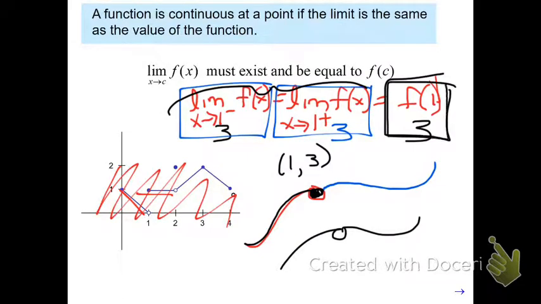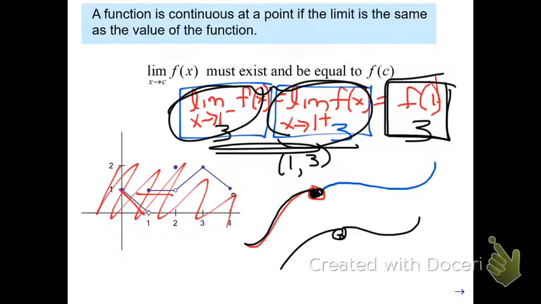This means there's also a solid point at that hole. Okay? There's a three-part definition. Left-hand limit equals right-hand limit, and those two things together could be summarized as just the limit exists, and it has to equal the value of the function. There has to be a solid point there.